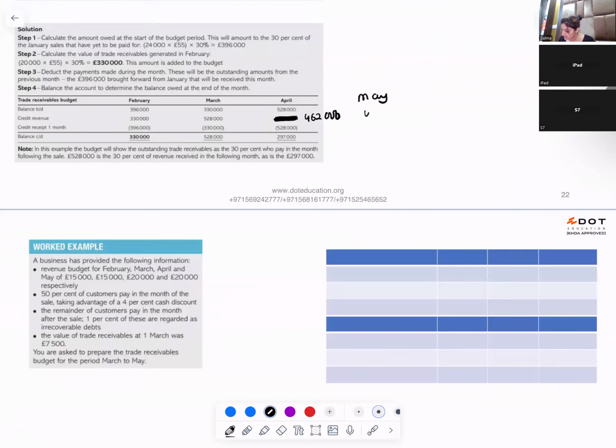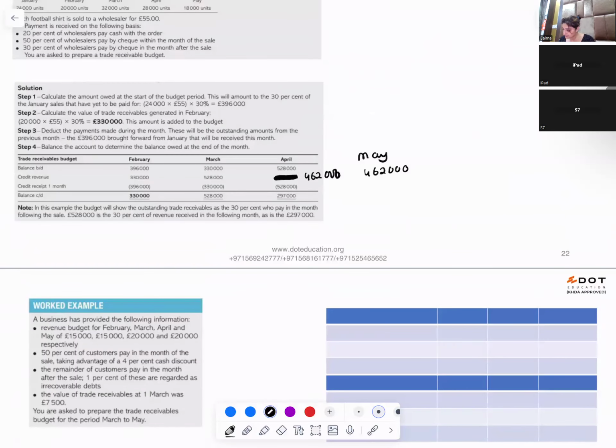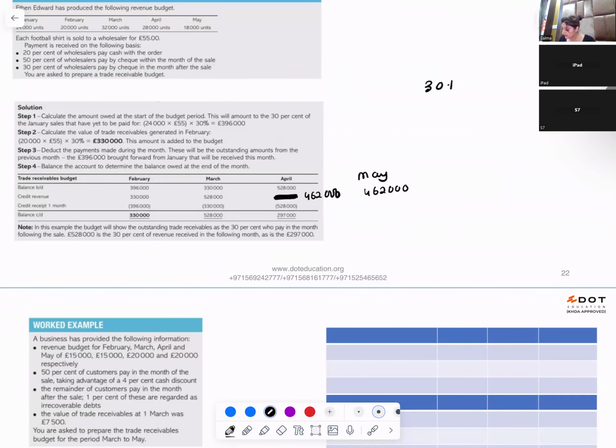Opening balance would be 462,000. Then you add 30% of 18,000 units into 55, 297.